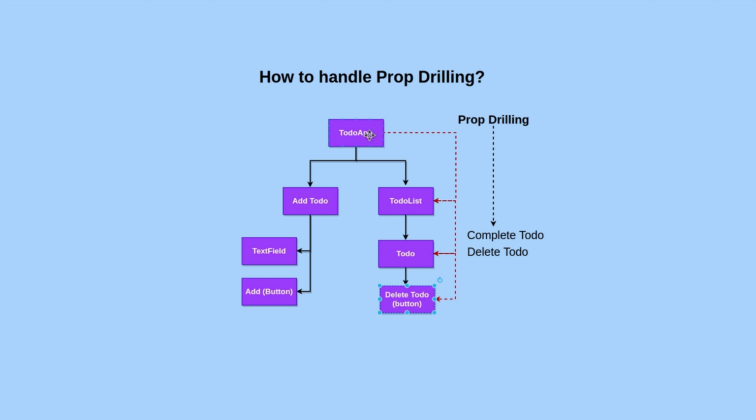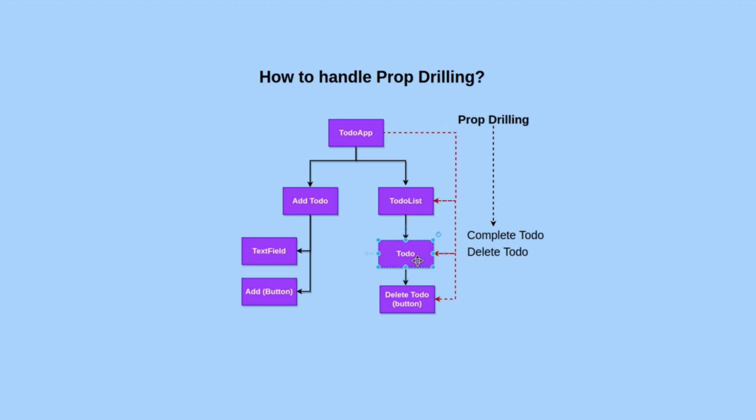Now here you can see that if I have to mark my to-do complete or incomplete, I have to pass my function from to-do app to to-do list and then from to-do list to to-do. Similarly, in order to delete a particular to-do, again I have to pass a handler from to-do app to to-do list and then from to-do list to to-do. Why do we have to do this?